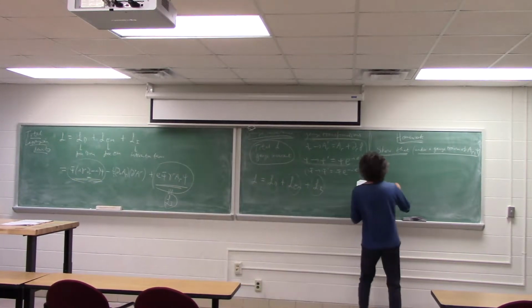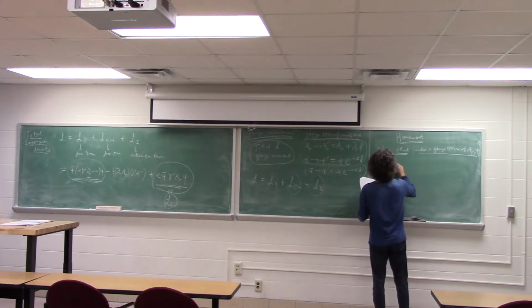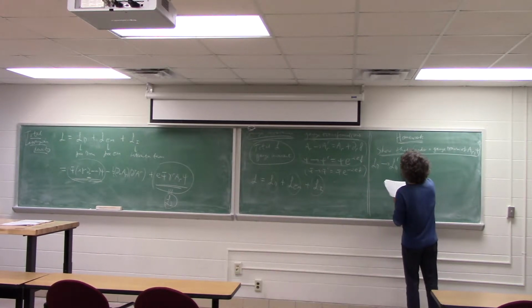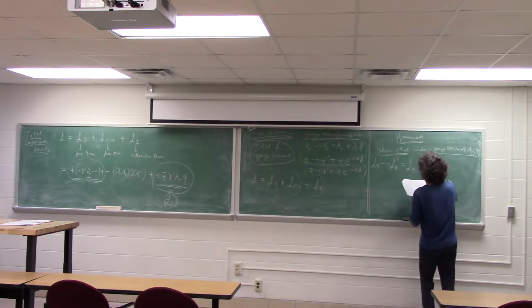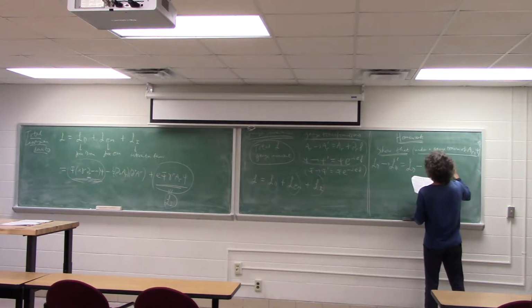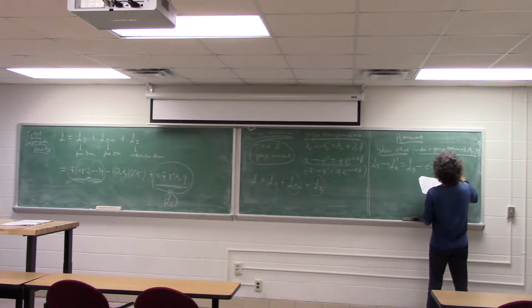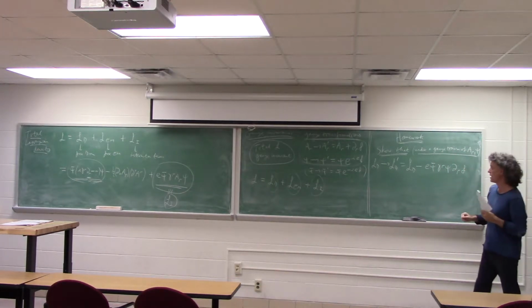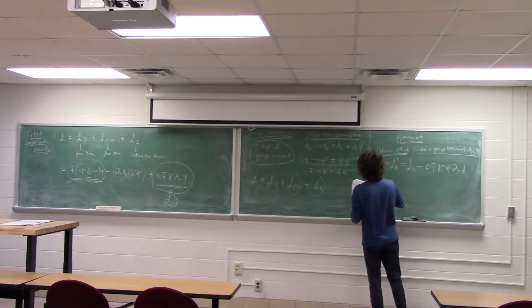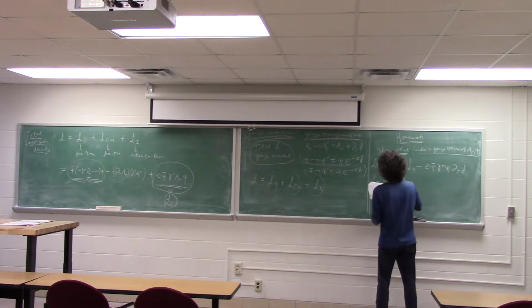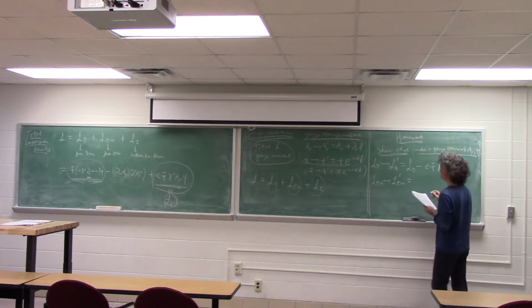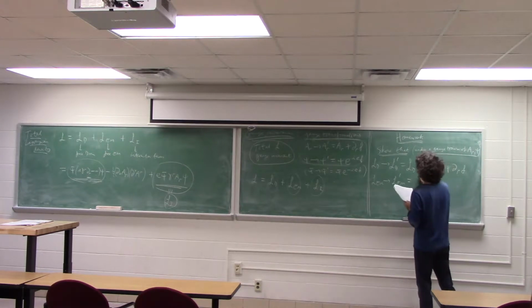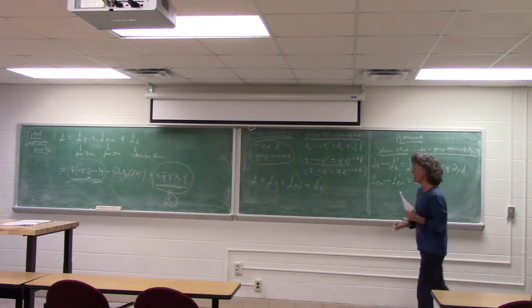You should be able to show that the new Lagrangian density is equal to the old one minus e psi bar gamma mu psi d mu f. Furthermore, the Lagrangian density of the electromagnetic field, we know this already, but you might want to check it, doesn't change. It's already gauge invariant.